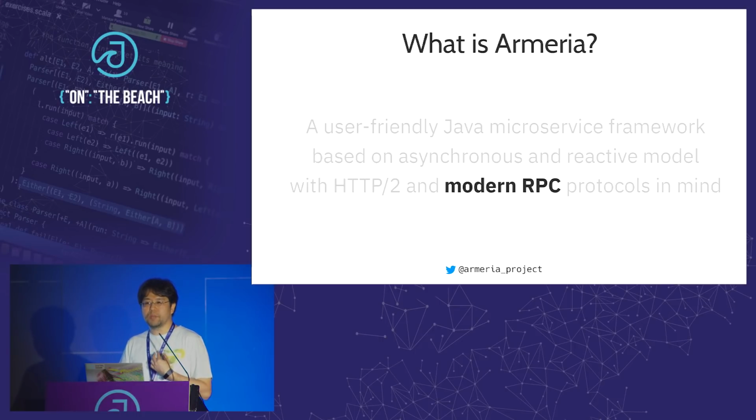At LINE, the company I work for, we use Thrift extensively with Armeria for communication between microservices. Also, Slack, the chat-based collaboration service company, uses Armeria for gRPC calls. Why is Armeria special for gRPC? Let's find out.